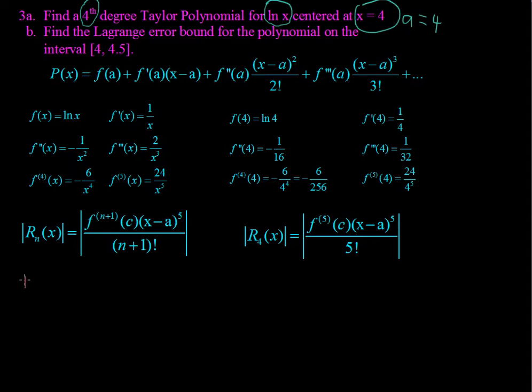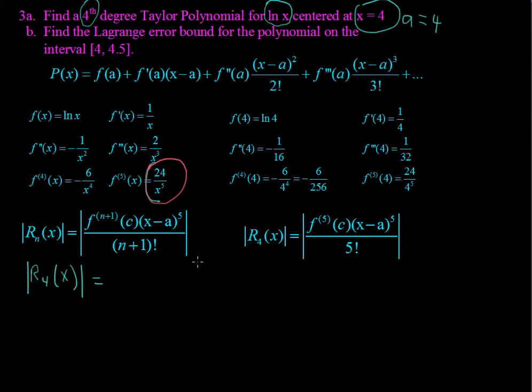So now we need to establish each part of this. So the absolute value of r4 of x, because we're looking for the absolute difference, not necessarily whether we're above or below. We need the fifth derivative at c, so that's going to be this value when it's largest on our interval.